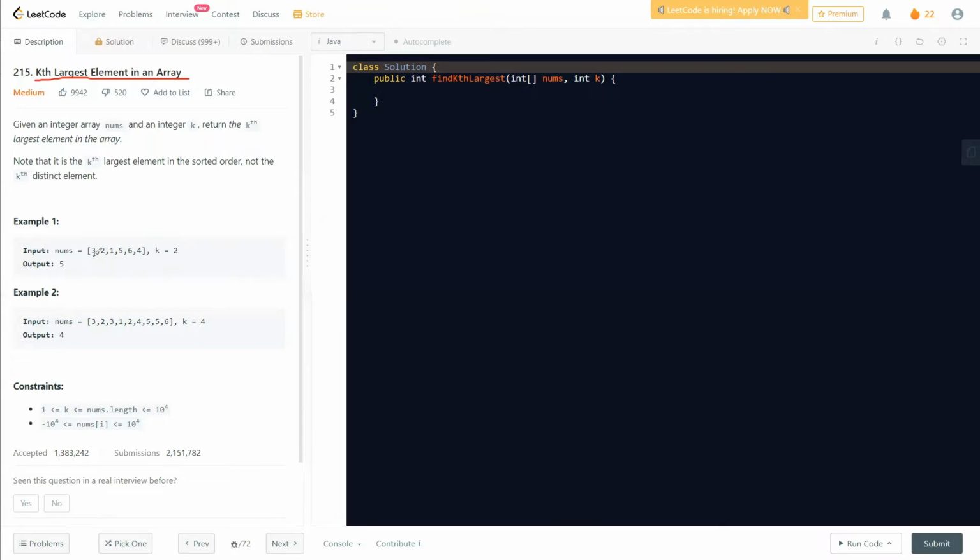So yes, here we have an unsorted array as well. And why I mention an unsorted array is because this quick select algorithm gives us a time complexity of order of n, n being the length of our array. But this is the average time complexity. In the worst case, it gives us an order of n square, which is worse than the other two methods we discussed in our last video.